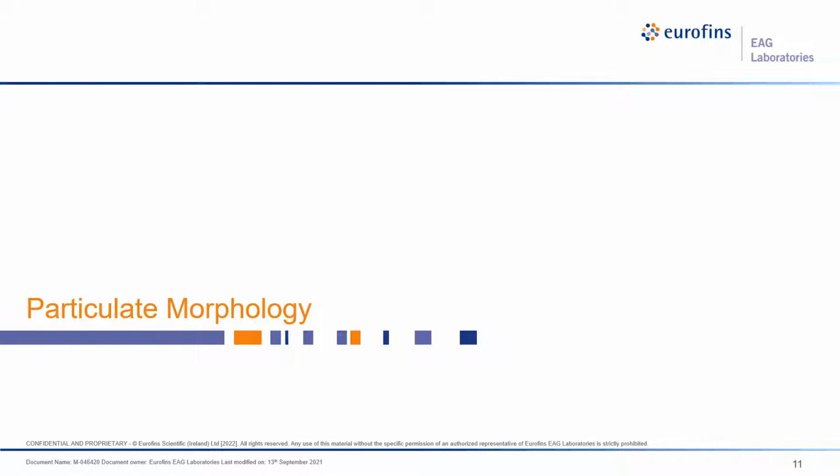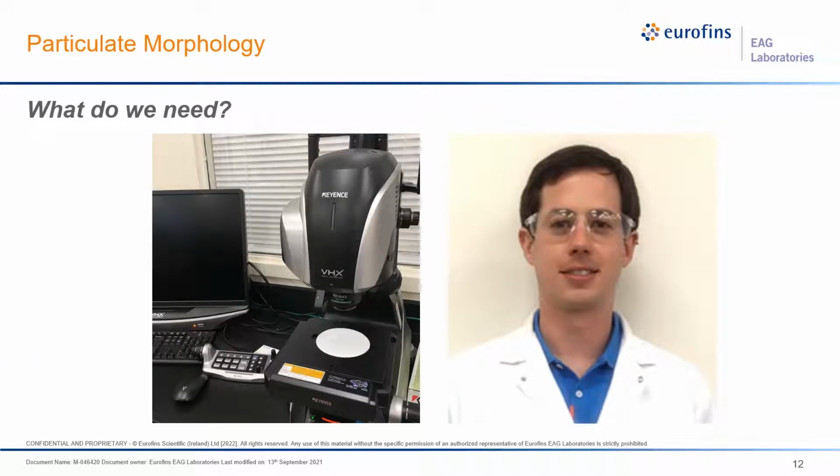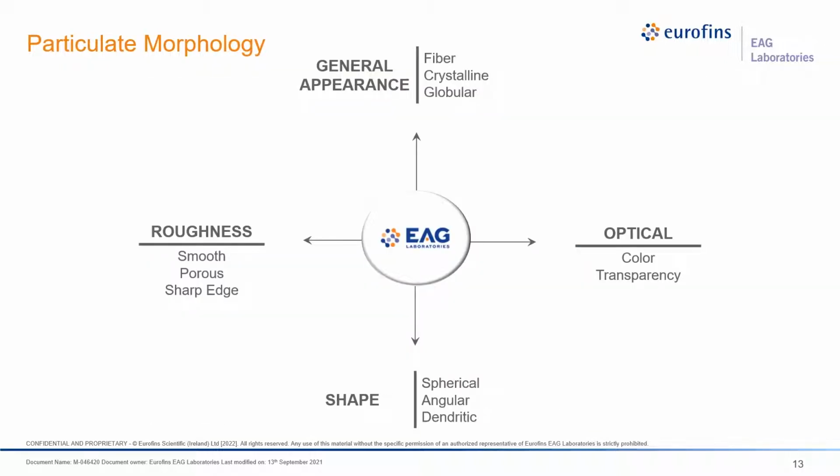How do we categorize them? How do we describe the particles we see? To do that, we need some kind of imaging technique, a microscope, and a very good chemist experienced with particulates, who would describe them with common sense and into the particular categories they belong to.